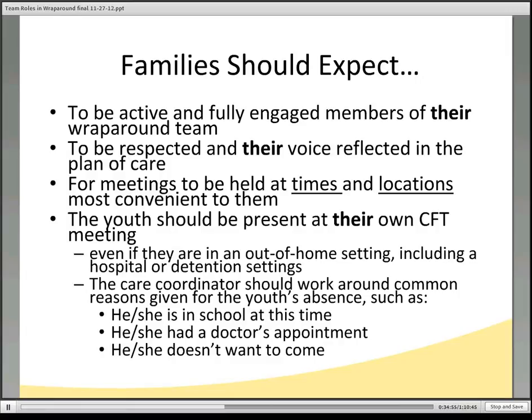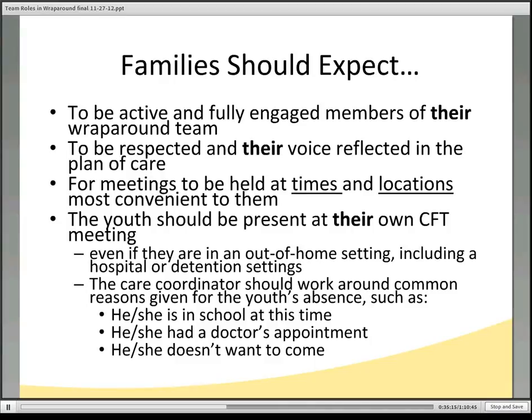These are the barriers that really get in the way of families showing up. When meetings are held 2 hours away from their home, they don't show up. If they're held only during business hours, they don't show up. What we do in Wraparound is we really think about how that affects their attendance or their involvement in the team and make adjustments.